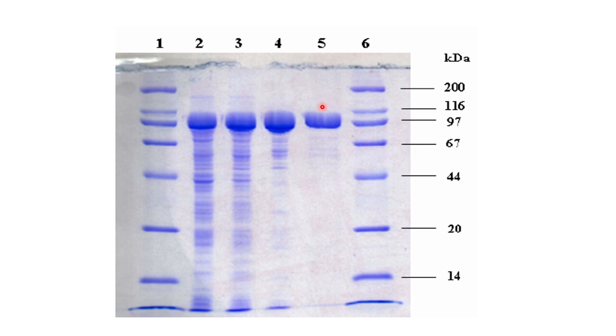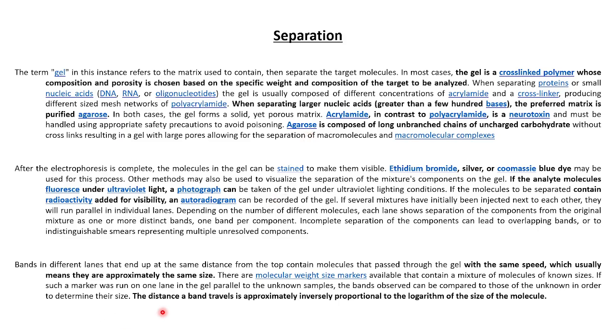Then we plot the same distance onto the known reference line that we had plotted according to the molecular weight markers, and we can tell the exact weight of this particular protein. So this relationship, that the distance a band travels is inversely proportional to the logarithm of the size, is a very important graph which can tell you the exact size of a protein when you're running an SDS-PAGE.